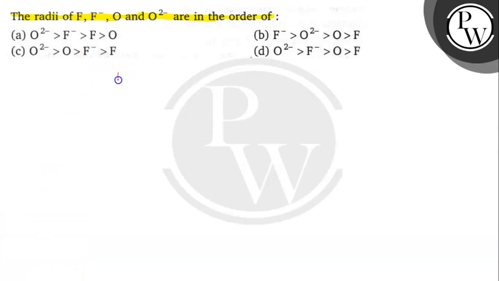So first we'll write all the elements like F, F minus, O and O2 minus. And one thing we know, and this is an important point, is that anions are larger in size as compared to their parental atom.